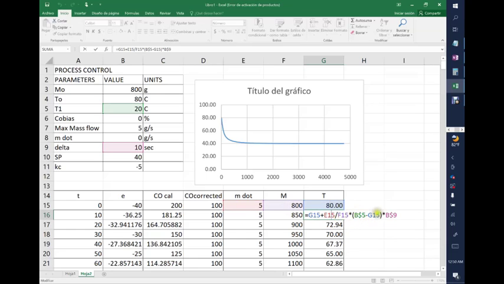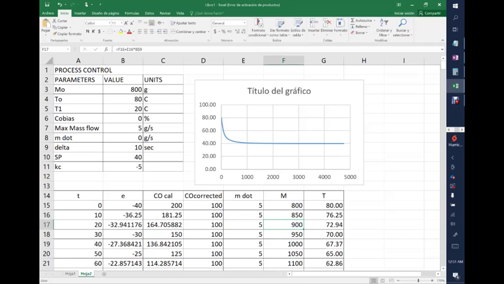Now the temperature comes from here, and this is delta T, and there's nothing else to talk about because it's pretty much the same. The mass here again comes from this table, not from above, because it's going to change as you get closer to the set point. It's going to get smaller and smaller until it just reduces to 0, fully automated.